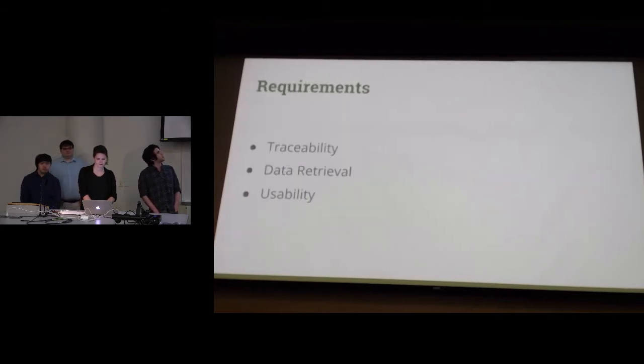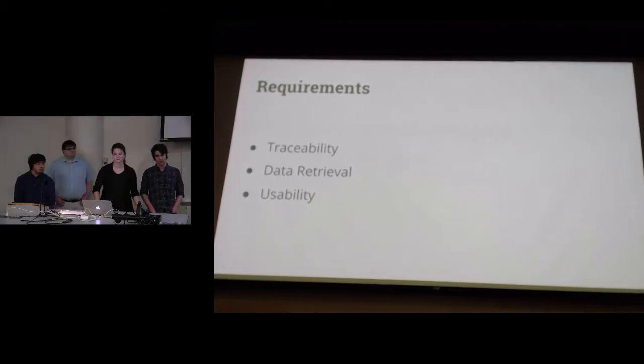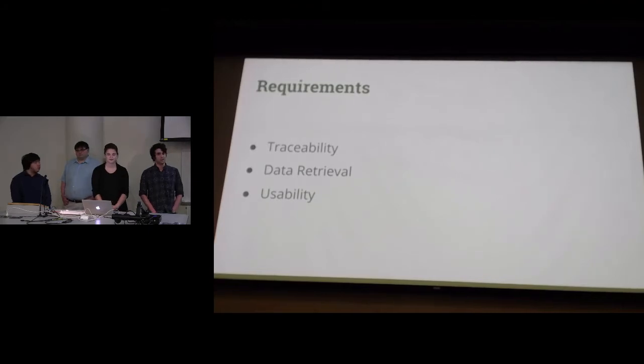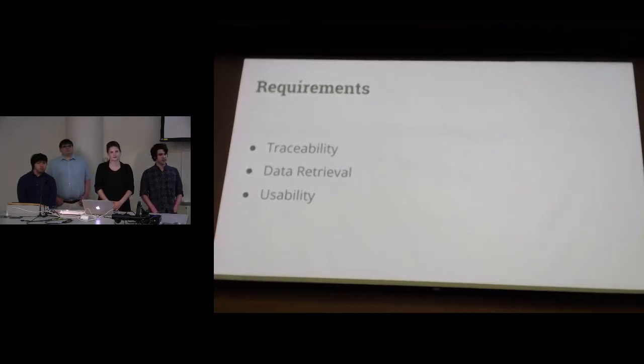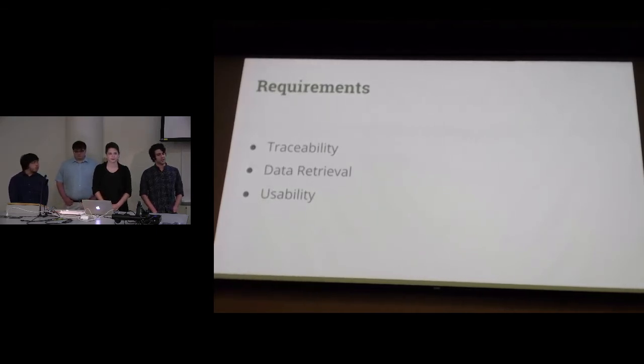So Wegmans, with these three problems in mind, came to us with a lot of requirements, which we've boiled down to these three. First of all, traceability, obviously. We need to be able to see the entire system in a pretty reasonable manner. Also, data retrieval is a huge part. Not only navigating the system, even if you know what you're doing, it might be pretty difficult to just go and find one specific aspect.